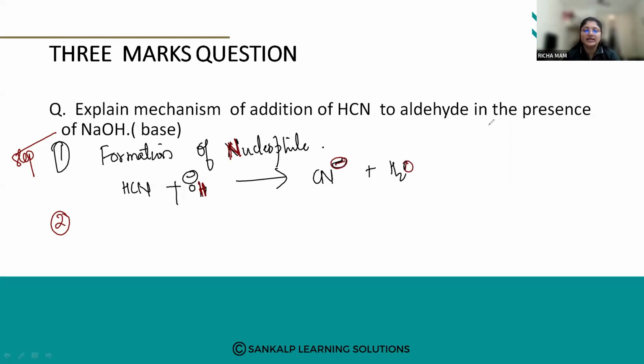They are explaining the mechanism. Then the second step is the nucleophile. So which is our nucleophile? CN minus.